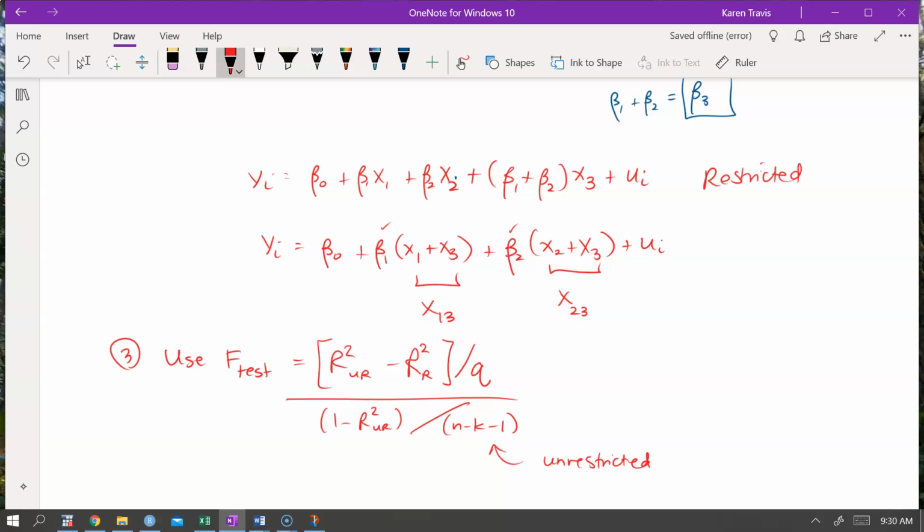So this is showing me that the f-test is comparing the explanatory power with the restriction versus without the restriction, and it's trying to detect if having the restriction is having kind of a minimal impact. If it is, then we are going to have similar r-squareds, and we would not be able to reject the null.